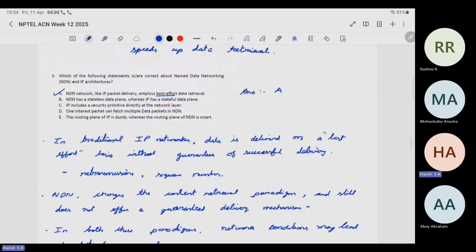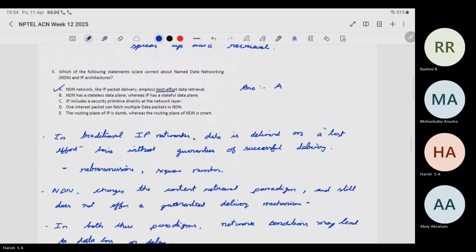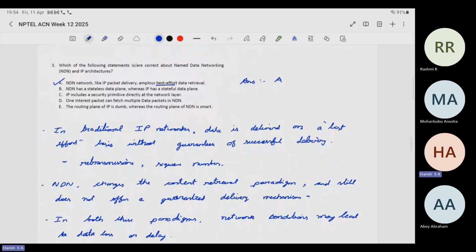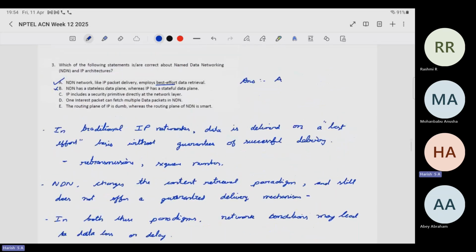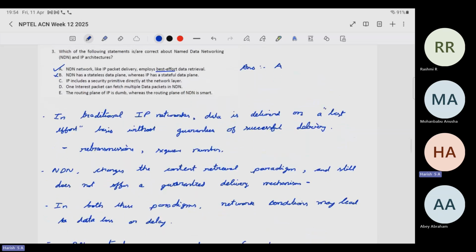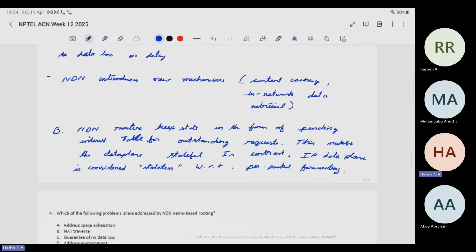So which is why this statement is wrong, in the sense that it should be switched around. NDN has a stateful data plane, but IP does not have a stateful data plane. Right? So if they switch this, and if I give you that, you should probably go with that answer as true as well, which could be possible in your final, right? And yeah.